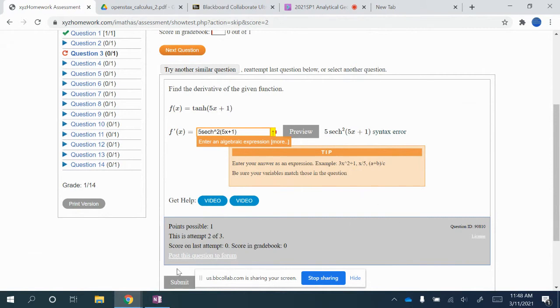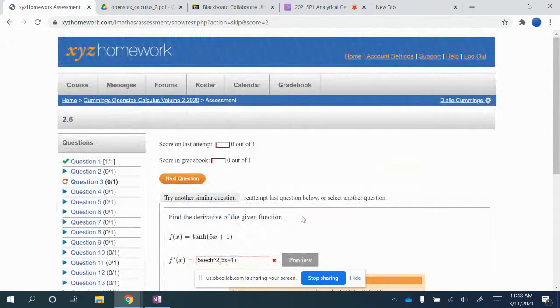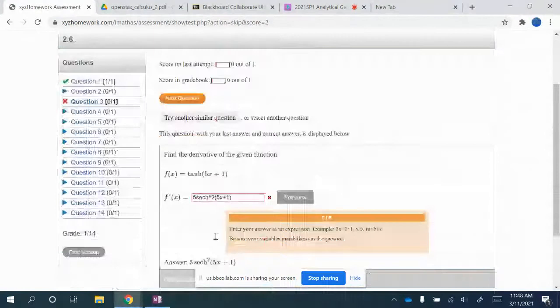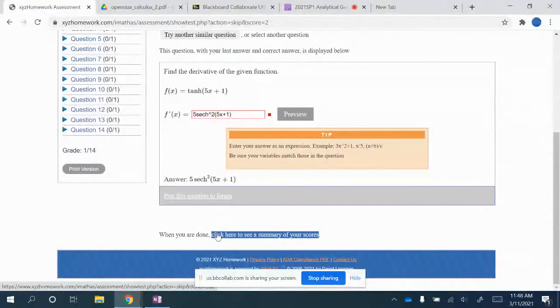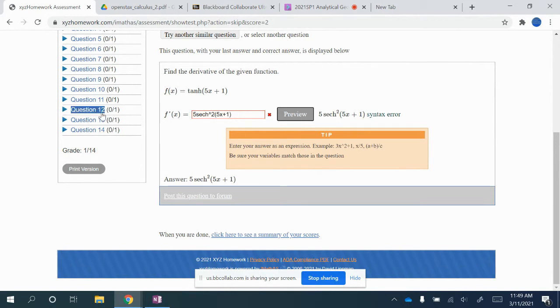And that was one thing I was noticing, and that's one of the problems I found on this. It would mark some of my problems incorrect. I found this on a few of these in the homework.